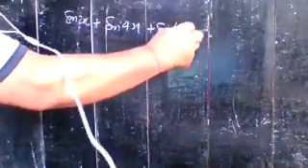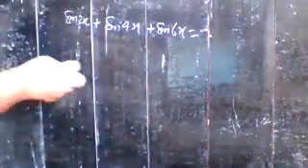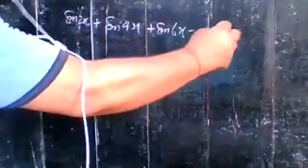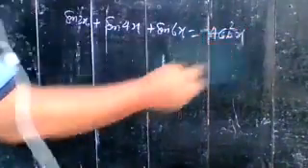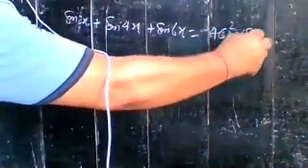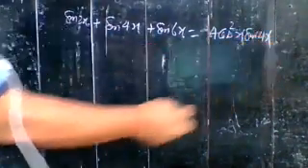Prove that sine 2x plus sine 4x plus sine 6x is equal to 4 cos square x sine 4x.